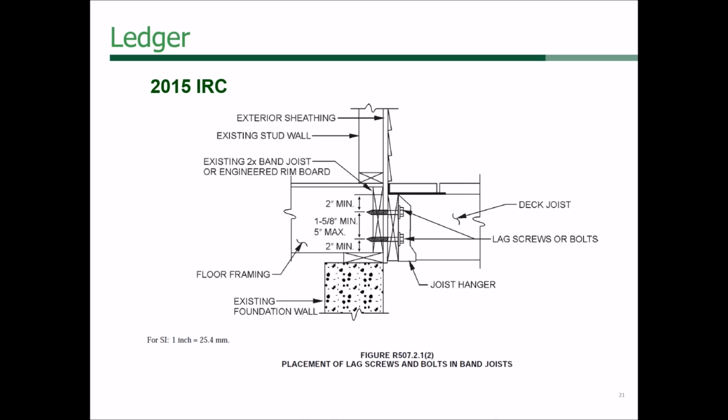So as I said, one of the biggest issues and failures of decks is this ledger attachment. So this is a tested connection. By that I mean if you tried to run the numbers on this per the NDS, you would actually have a hard time, mostly because you just don't have enough thickness in the members to meet the NDS connection requirements.